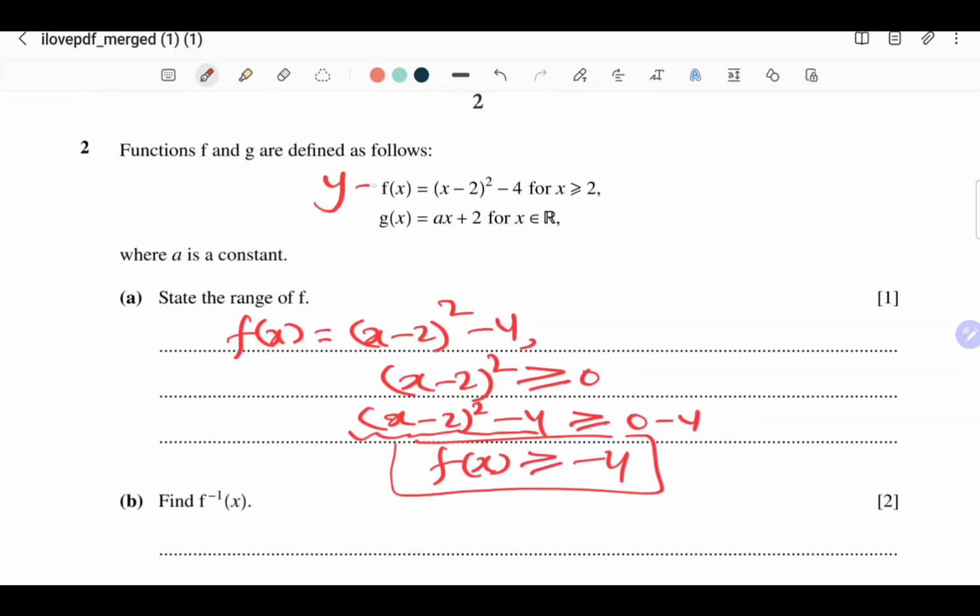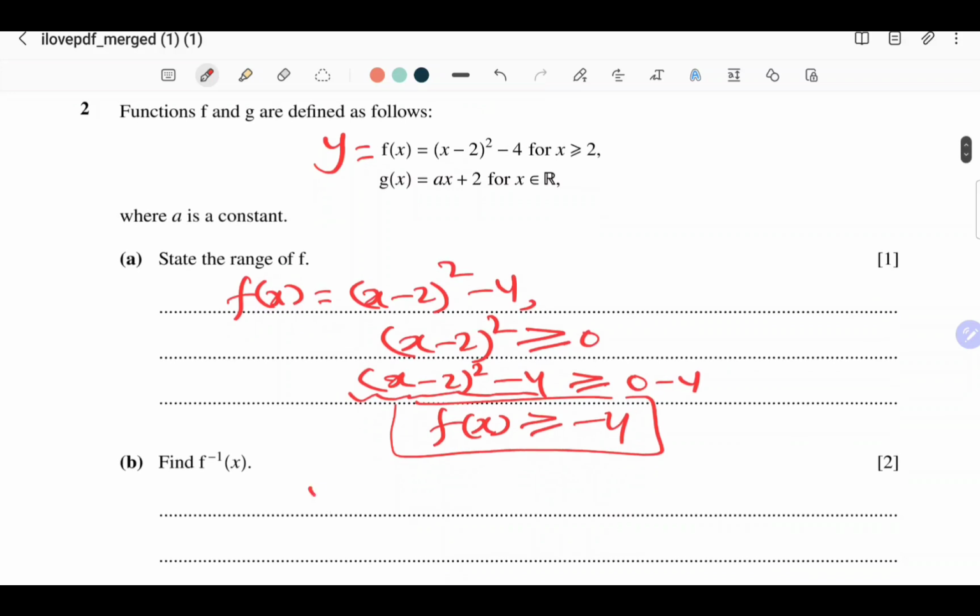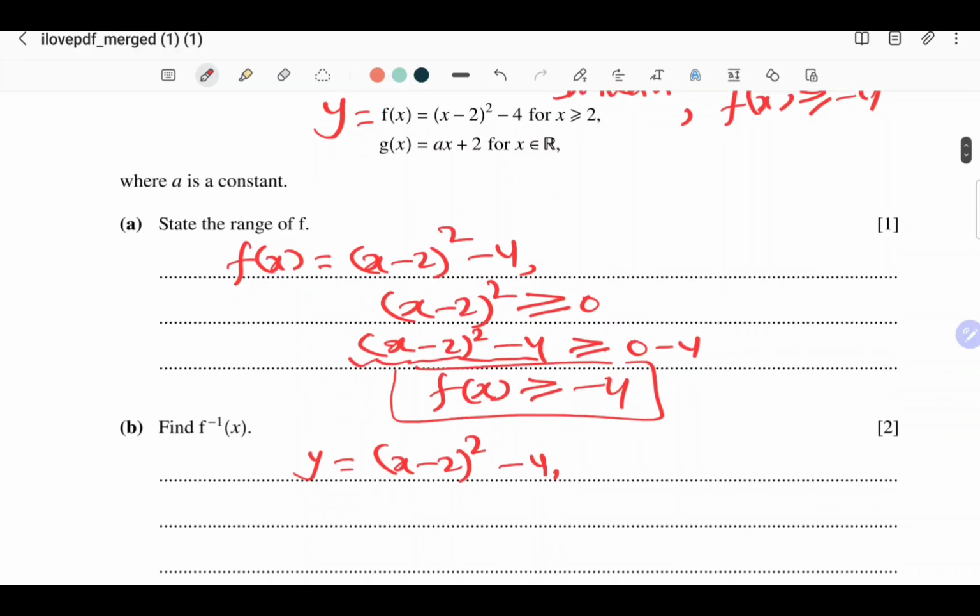So we can assume this as y. So y equals (x minus 2) whole square minus 4. By the way, what's the domain? Domain is x greater than or equal to 2, and the range we already found, minus 4.